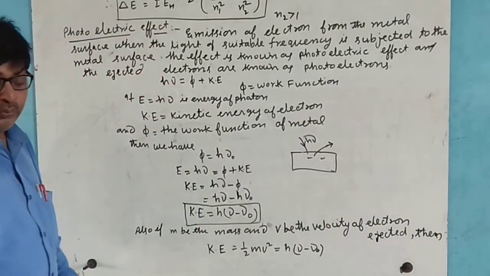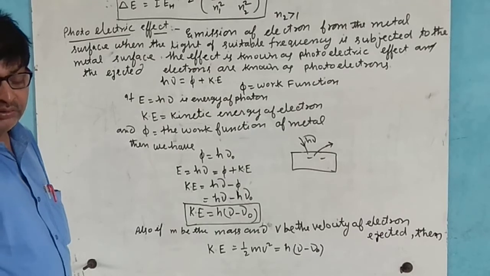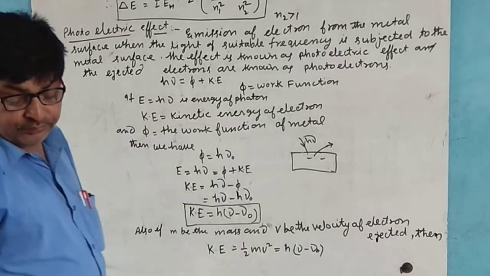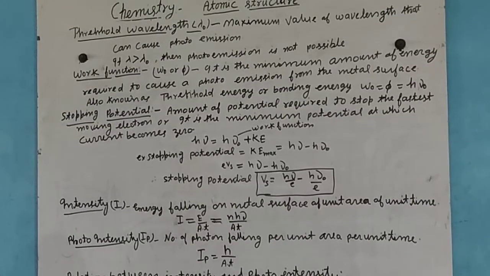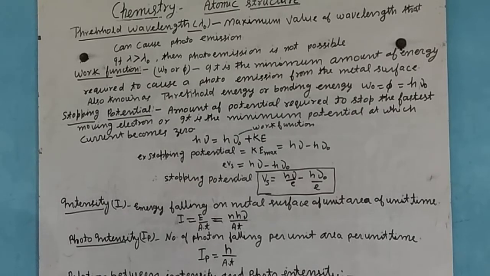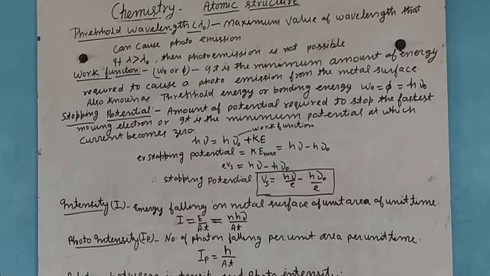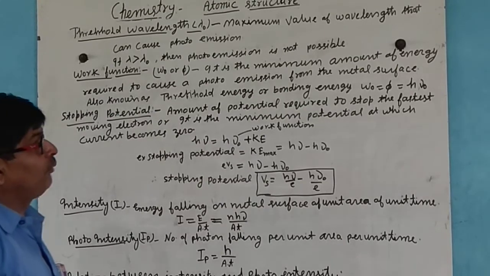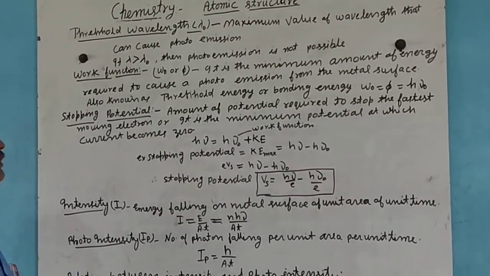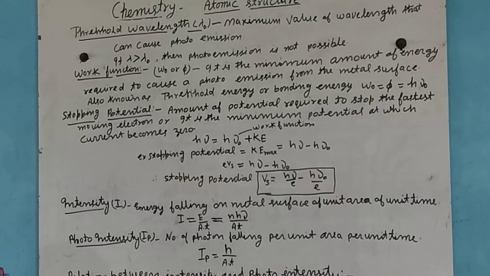Now we study the threshold. Threshold wavelength lambda 0 is the maximum value of wavelength that can cause photoemission. If lambda is greater than lambda 0, then photoemission is not possible.